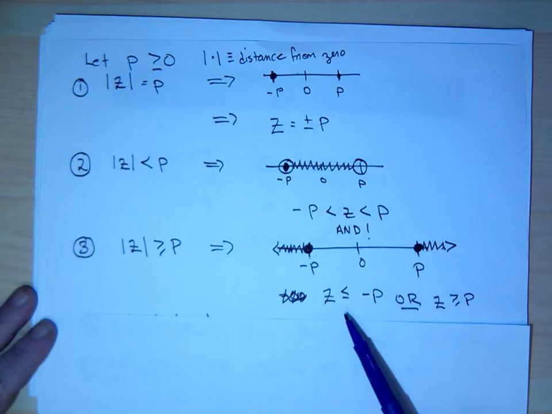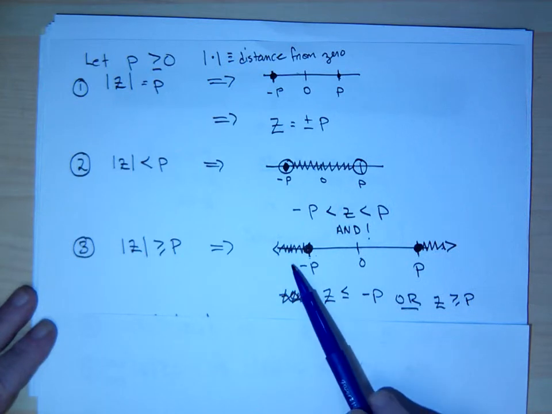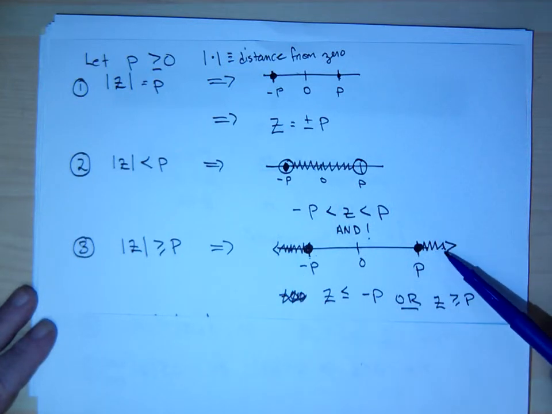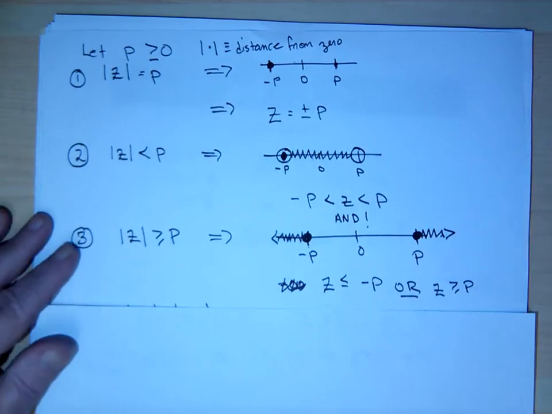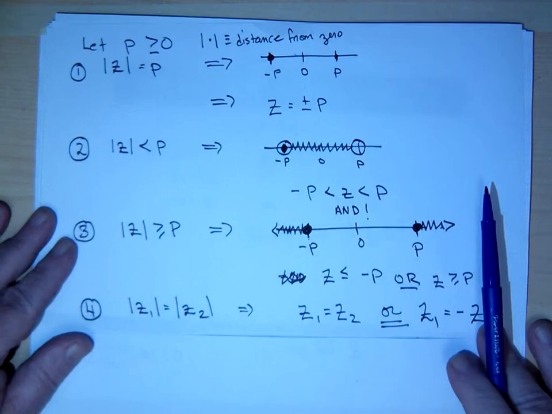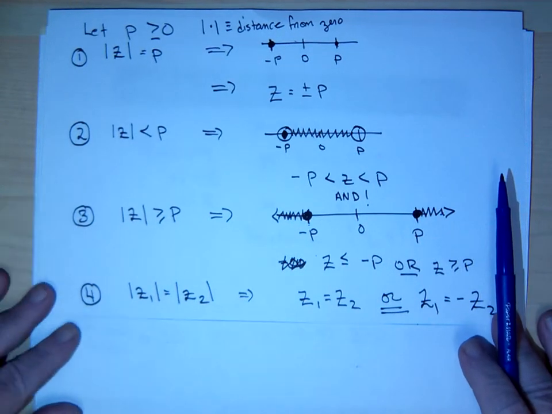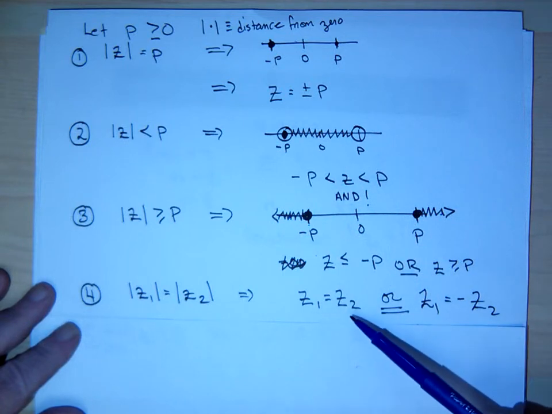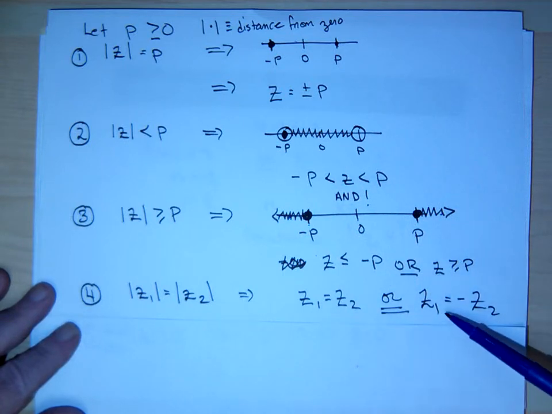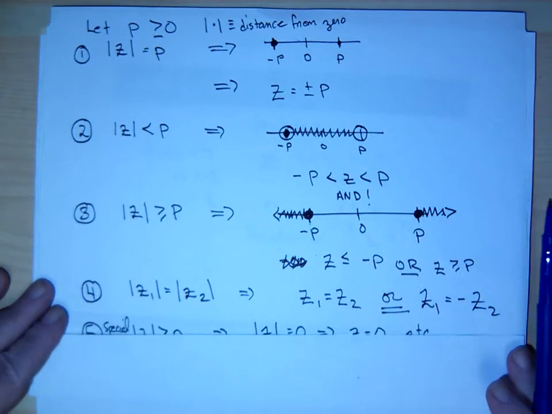That means that z is either less than or equal to minus p, or greater than or equal to p. If we have an expression where the absolute value of z1 is equal to the absolute value of z2, that really means that z1 is either equal to z2 or z1 is equal to the negative of the whole of z2.